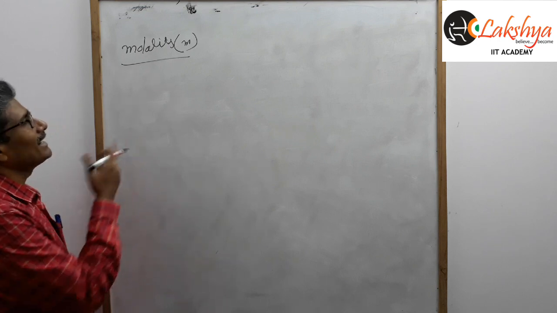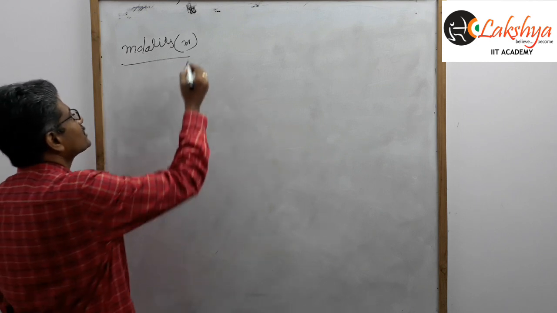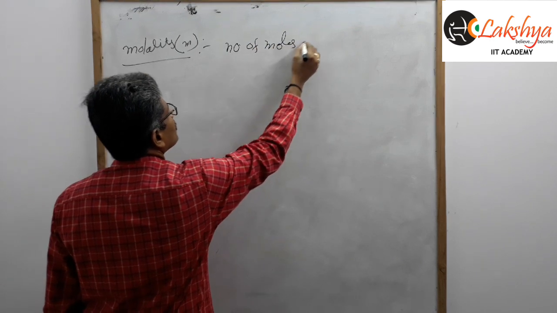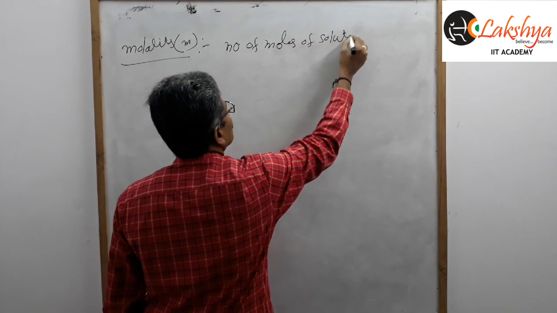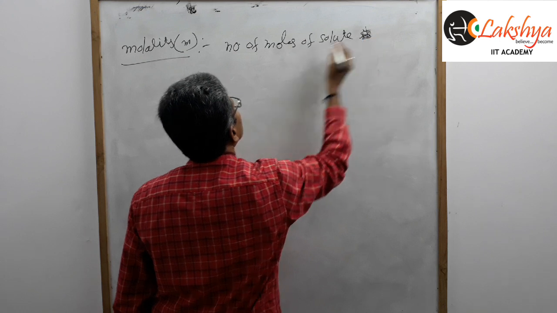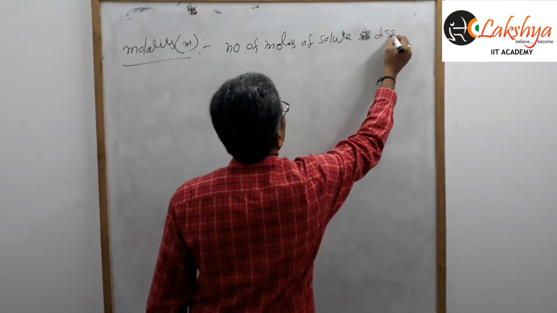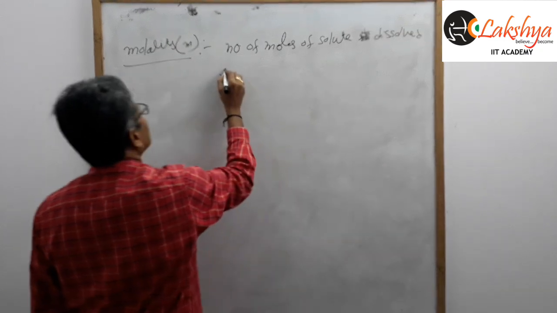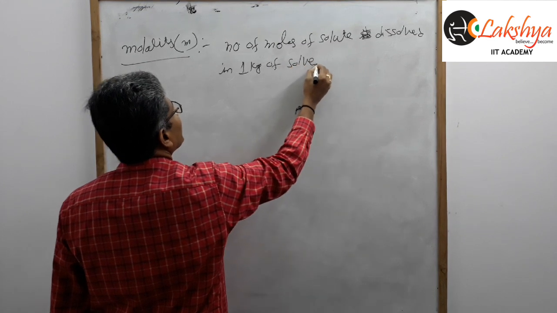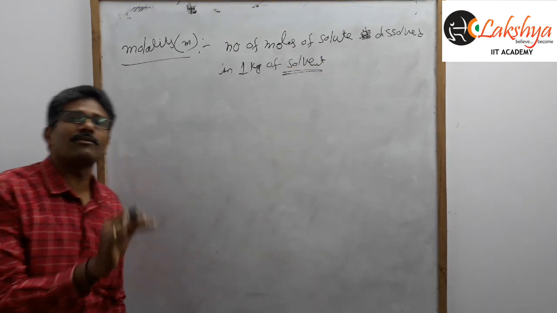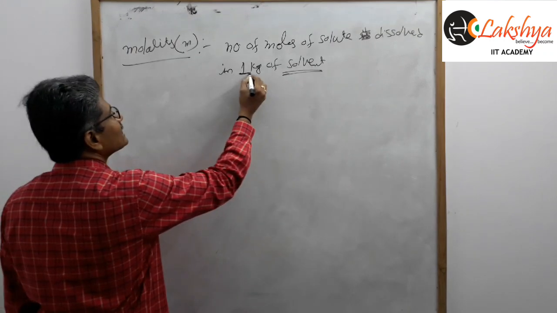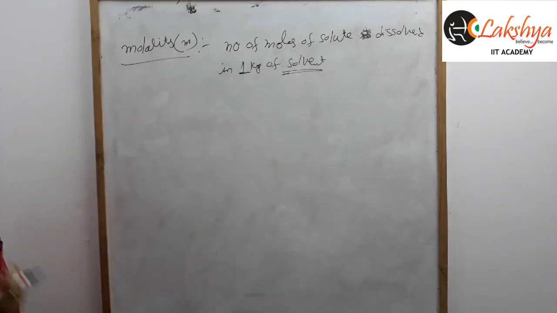That number is called the molality of the solution. So the definition of molality is the number of moles of solute dissolved in 1 kg of solvent. This is important, not solution, solvent.